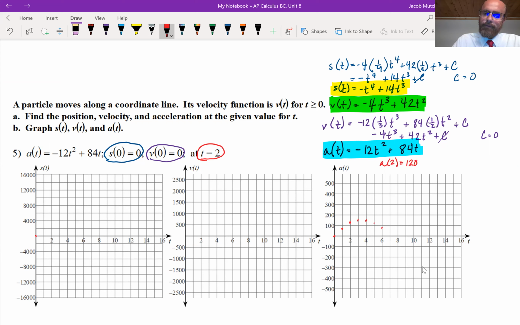So at 7, I've got a 0. 8 is negative 96, so almost there at negative 100. 9 is negative 216. 10, negative 360. 11 is negative 528.